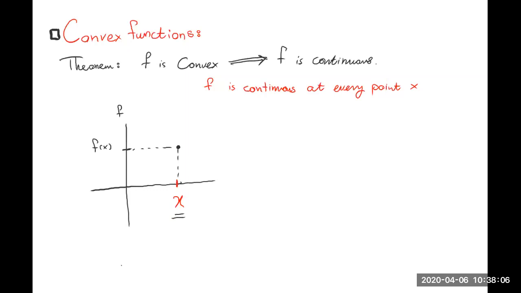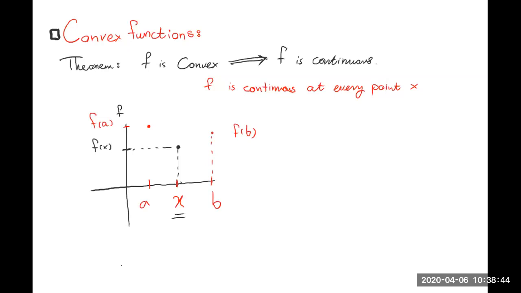Look at two other points, say a and b, one of them on the left side of x, the other on the right side of x. They have two values. Say this is f of a, and f of b is also something else. Now there is something interesting.